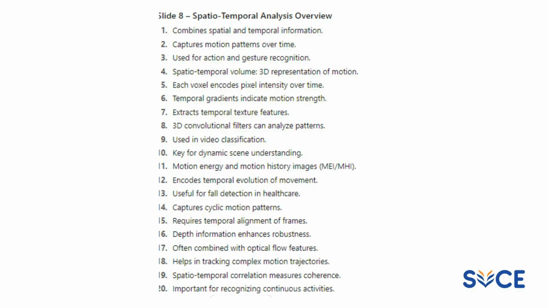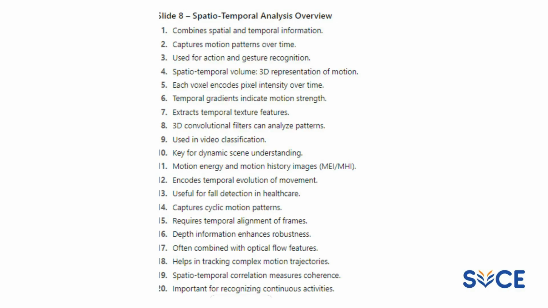Here sports analysis comes into the picture, where we study player movement, ball trajectories, and game patterns. In healthcare, monitoring patients' movements during rehabilitation or detecting falls in elderly care. In robotics, it is used for understanding dynamic environments for navigation and interaction.